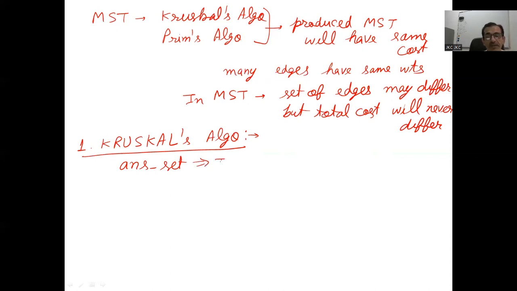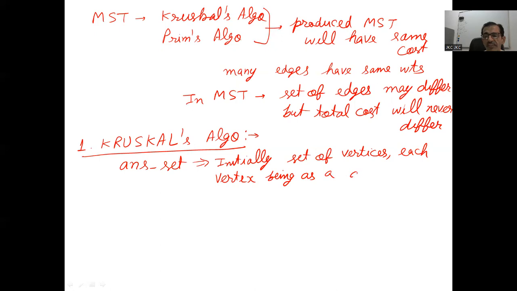Initially, the answer set effectively contains the set of vertices, where each vertex is considered as one connected component, a distinct component. Of course, many vertices may be connected with each other, so they will become a single component. As with SCC, we have used the word component.